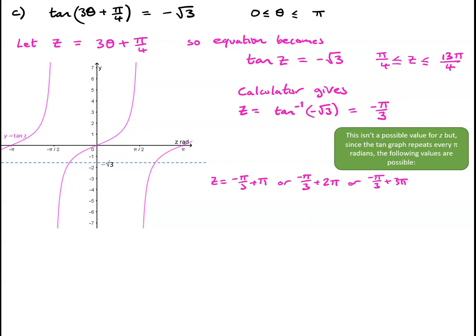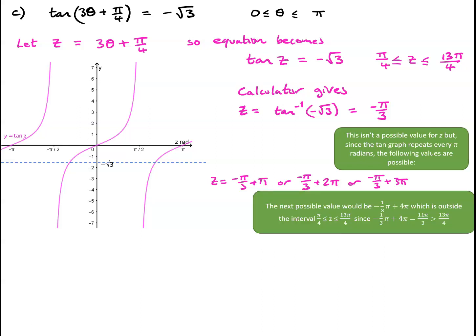Similarly, minus pi by 3 plus 2 pi will be a root, and minus pi by 3 plus 3 pi will be a root. The next one along, though, would be minus pi by 3 plus 4 pi, and that's outside the interval, because minus a third pi plus 4 pi equals 11 pi by 3, and 11 pi by 3 is bigger than 13 pi by 4.